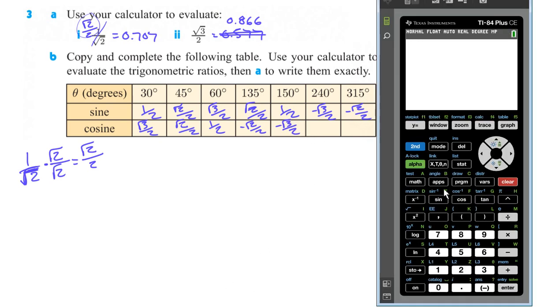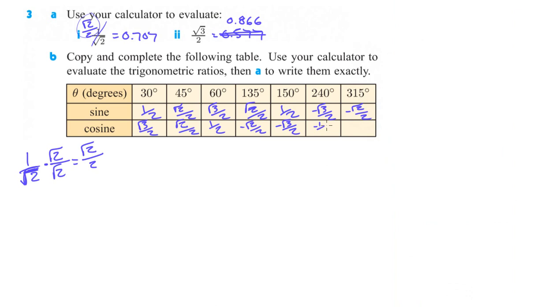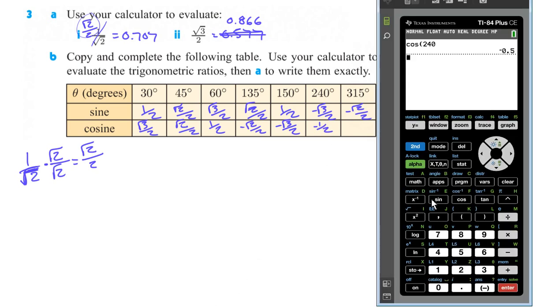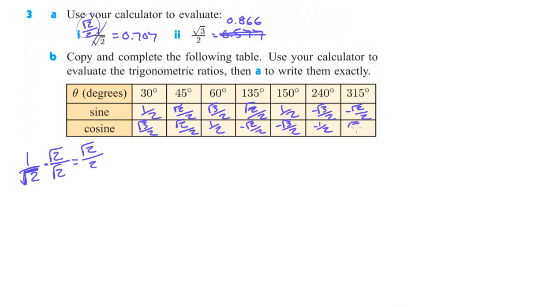Cosine 240 is negative 1/2. And then the last one is cosine of 315. It's 0.707, so that's root 2 over 2. And now we filled everything in.